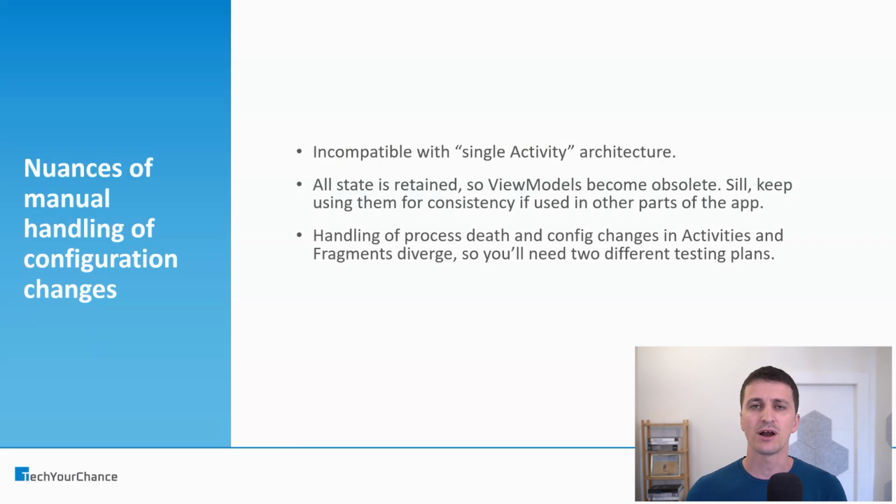And it's actually a lot more complicated if you want to preserve global state or singletons. But generally speaking, that's what process death is. And if your app supports process death, if you test for process death, you can be reasonably confident that it also supports configuration changes because these flows are similar and some of the approaches overlap.